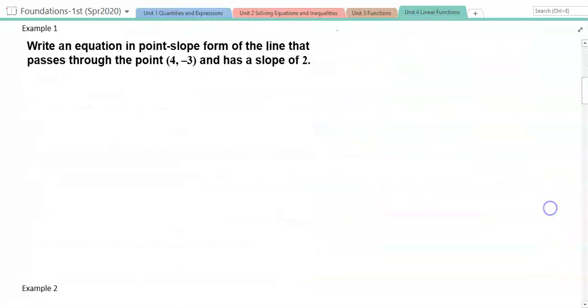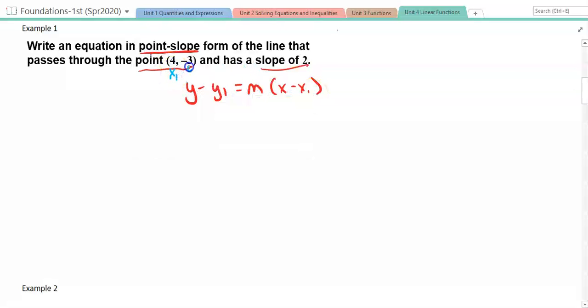And so first example we're going to do is to write the equation in point slope form of a line that passes through the point 4, negative 3 and has a slope of 2. And so remember that point slope form, y minus y sub 1 equals m times x minus x sub 1. And I'm going to label my points here.